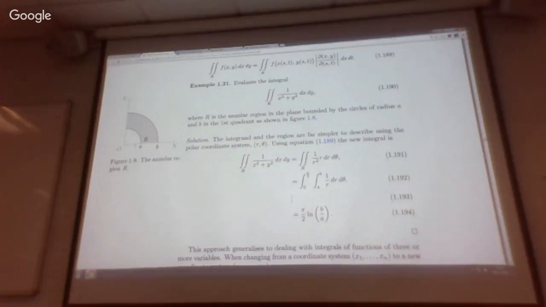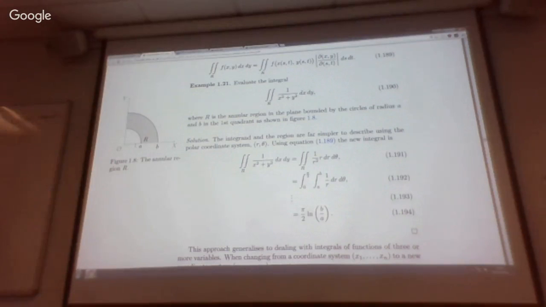But we have a much better coordinate system for this kind of situation, which instead of locating a point as x and y, locates it as a radial distance from the origin, which is r, and the angle that the radius makes with the positive x direction, which is theta. So these are the polar coordinates.